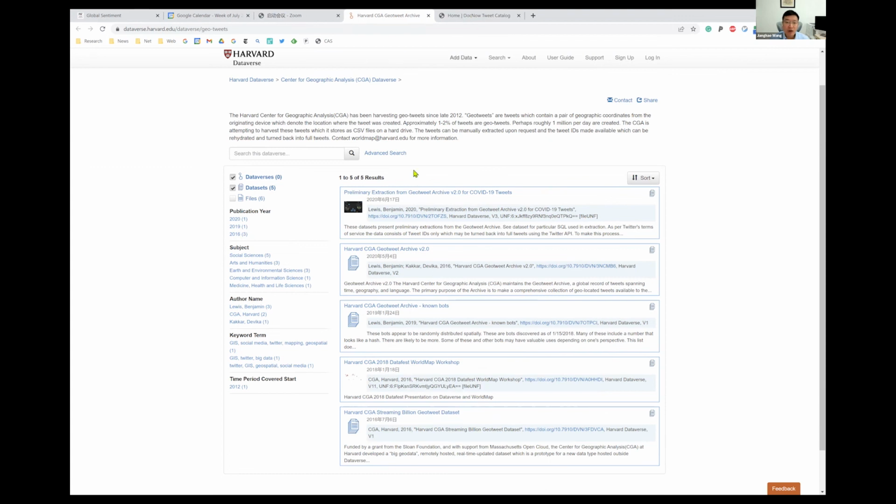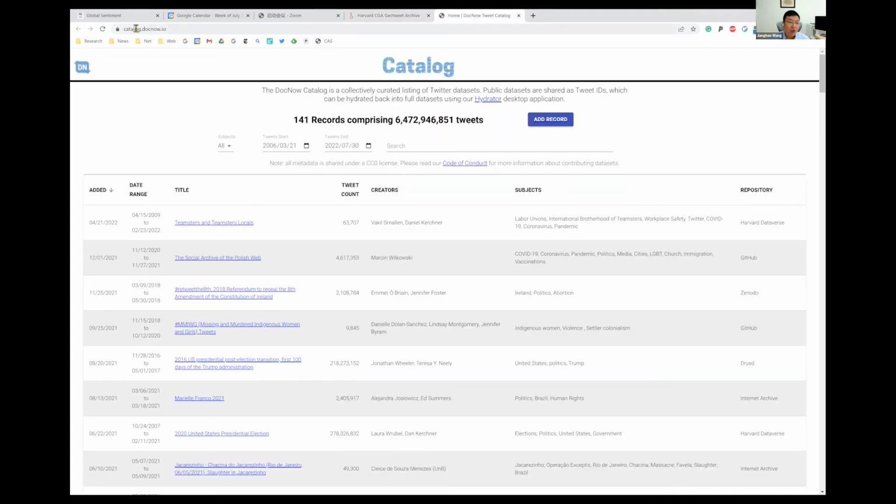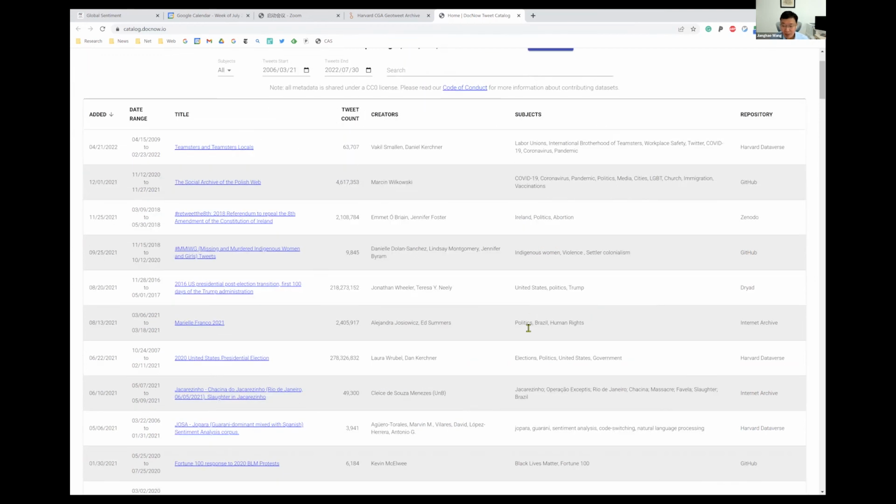And also for global studies, I recommend this catalog, the docnow.id platform. You can see they provide over 6 billion tweets to study most social problems, for example COVID-19 and other studies, political studies.